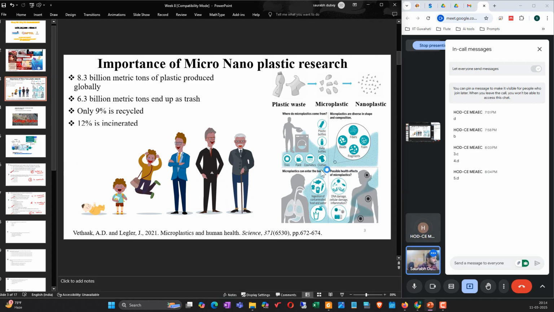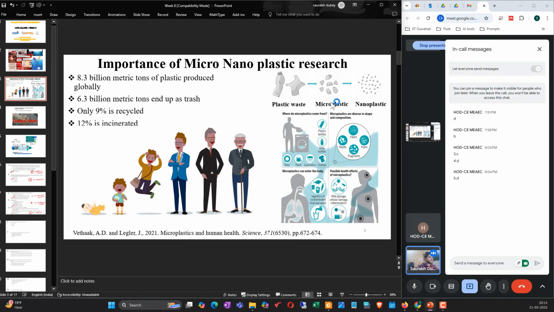Whatever plastics, bottles, and cloths are there, they convert themselves into fibers, foams, fragments, and beads, and gradually they make their way into our food chain. If somebody is non-veg, they are getting that, and gradually it is entering our body and causing different kinds of diseases. One of my PhD problems is exactly this: what are the health implications of micro nanoplastics, especially nanoplastics.